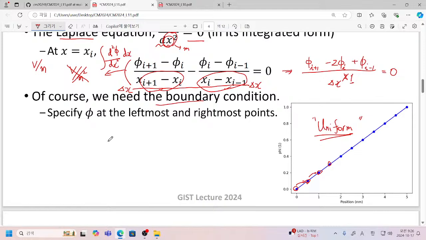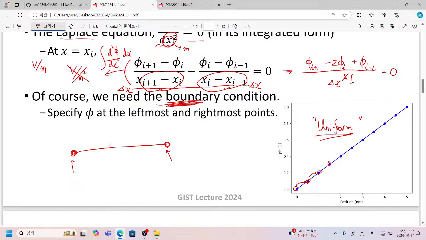However, in order to get the specific solution, we need supplementary boundary conditions. So in this case, if we are considering the 1D case, what is the boundary? The boundary corresponds to the leftmost and rightmost points, and we must specify the values at these 2 points.